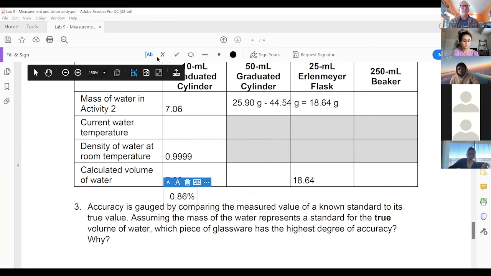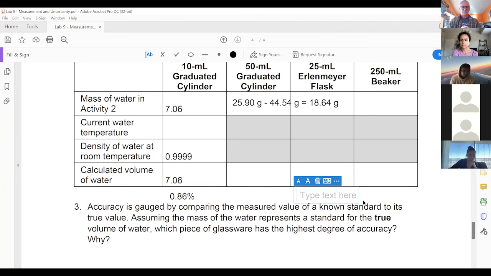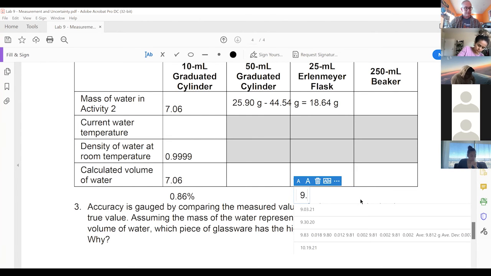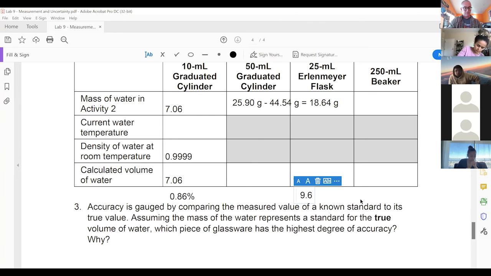But I'm thinking that my percent error is going to be significantly greater this time. So 1.64 divided by 17. Yeah, so my relative error for my 25 mil flask is 9.65%.